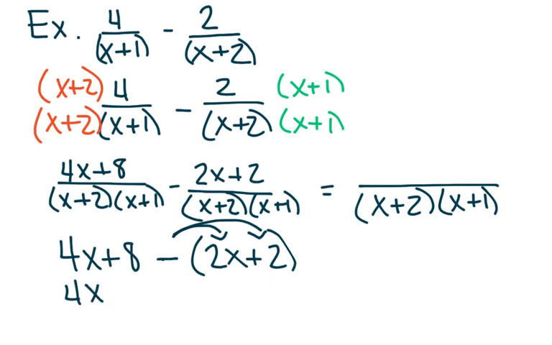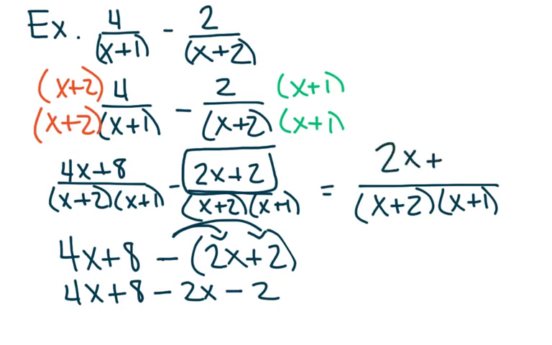So it's really 4x plus 8 minus 2x minus 2, because we are subtracting this entire quantity up here. And now when we get our like terms together, it's actually going to be 2x plus 6. So that's the hardest part about subtracting, I think, is just remembering to distribute and get your like terms together.